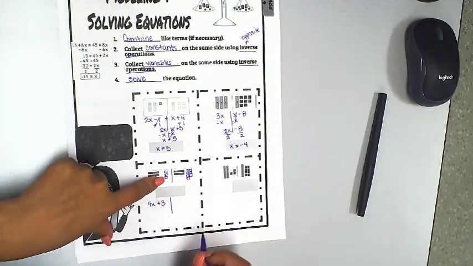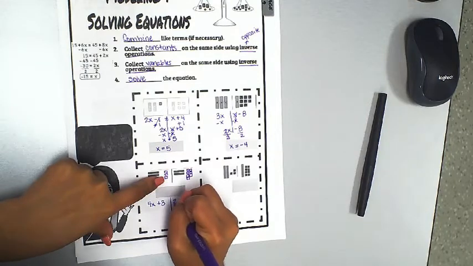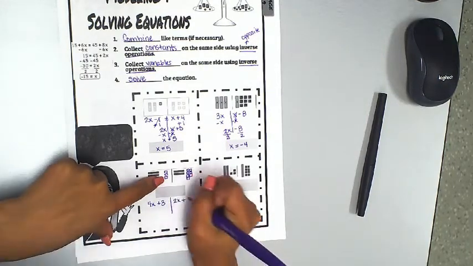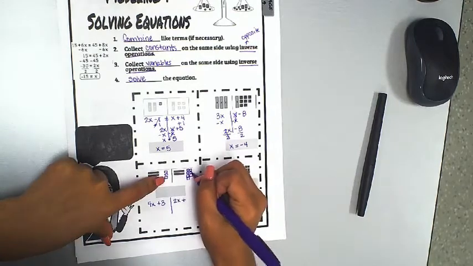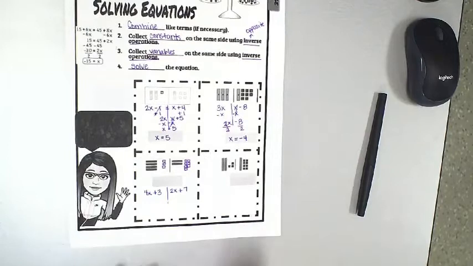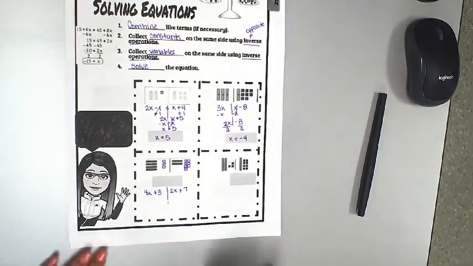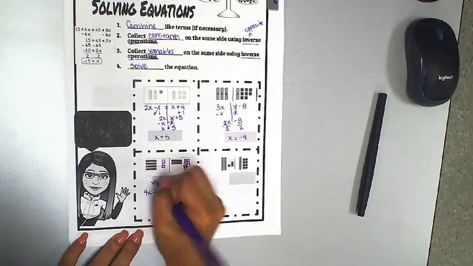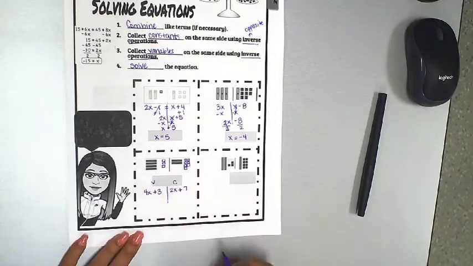is equal to 2x plus 7. So we're going to move the constants first, okay? We are going to move them over here. So I'm actually going to tell you we want the variables here and the constants on this side.